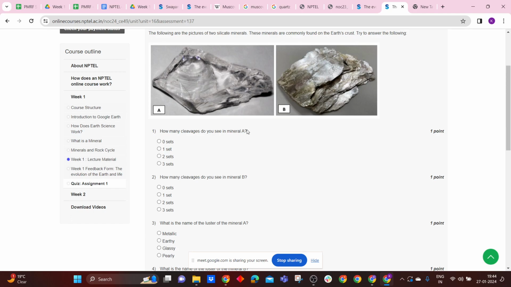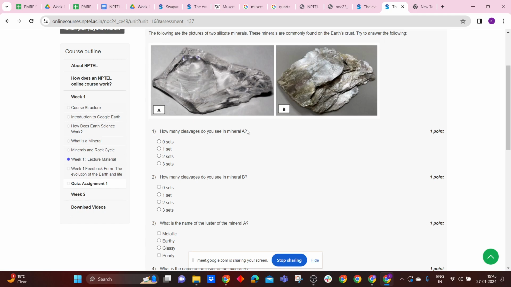So what is the distinguishing physical property visible in this picture from which you can identify this mineral? Can anyone from this group tell me? Sir, conchoidal fracture. Exactly. This is showing a conchoidal fracture. There is only one mineral which shows the most prominent conchoidal fracture, that is the mineral quartz.